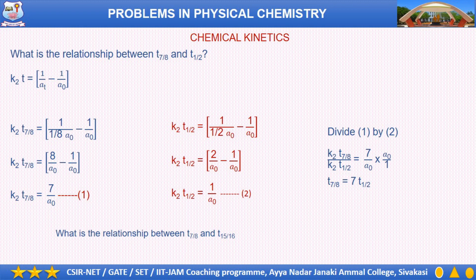And if you understand this application, you can calculate the relationship between the times taken for other fractions. You can put any fractional values and apply this equation. You would easily get the formula.